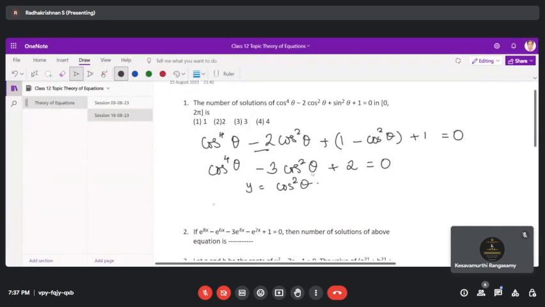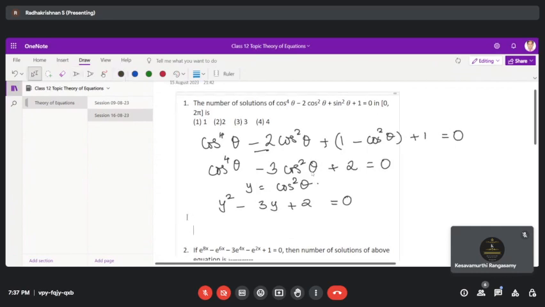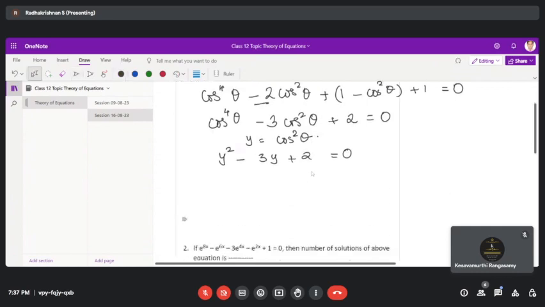So this becomes y square minus 3y plus 2, which can be easily solved. So what are the solutions to y square minus 3y plus 2 equal to 0? 1, 2, sir. Right.